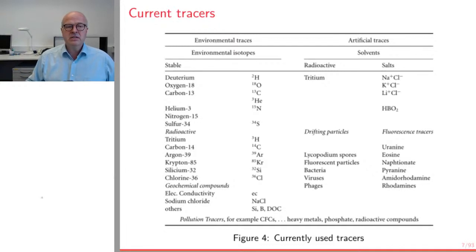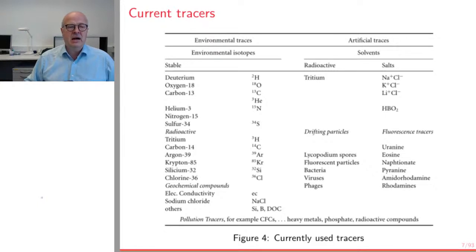So we end up with a group of tracers that do not have all these disadvantages of salts, too much substance, spores, still nice, but can just be used in karst aquifers, bacteria, viruses, safety concerns, or tritium, safety concerns. And these are fluorescent tracers.